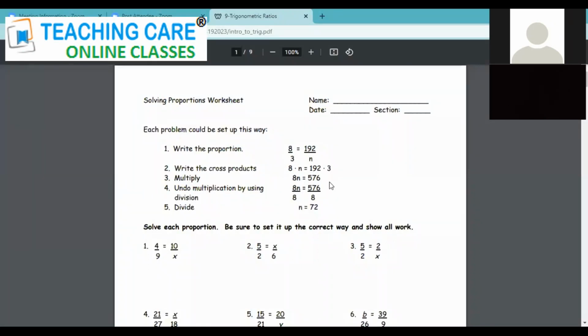One second. Yes, okay, here we go. I'm sharing my screen. Are you able to see my screen?